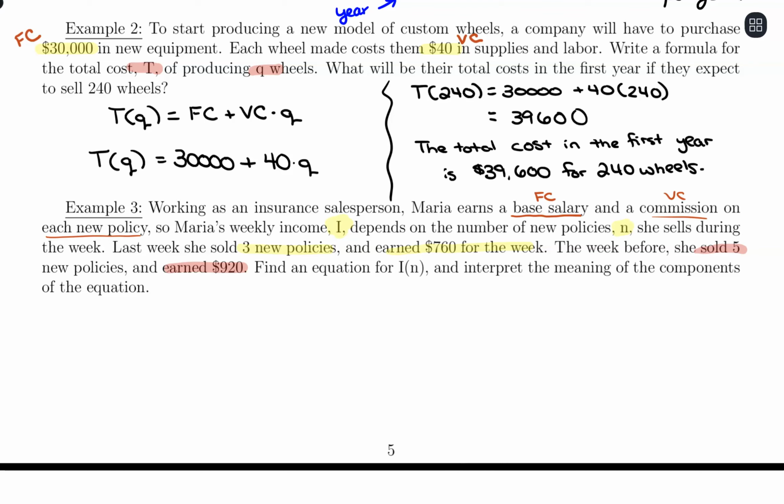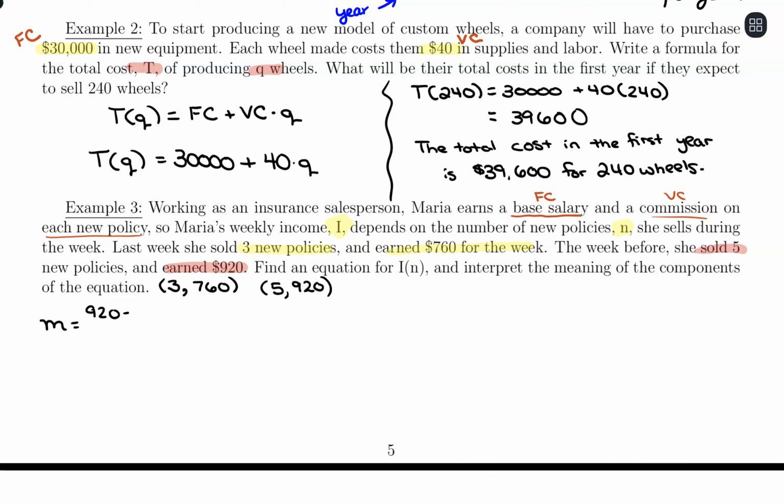All right, so we're given 2 scenarios here. With 3 policies, she made $760. With 5 policies, she made $920. So with 2 coordinates, we can find our slope by taking the difference in the outputs.